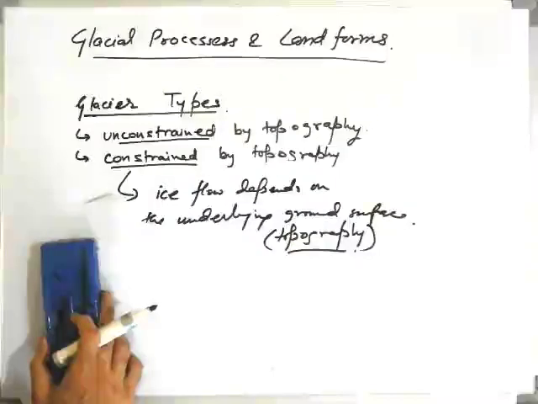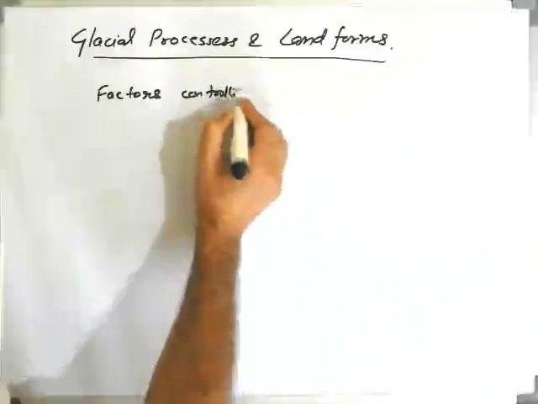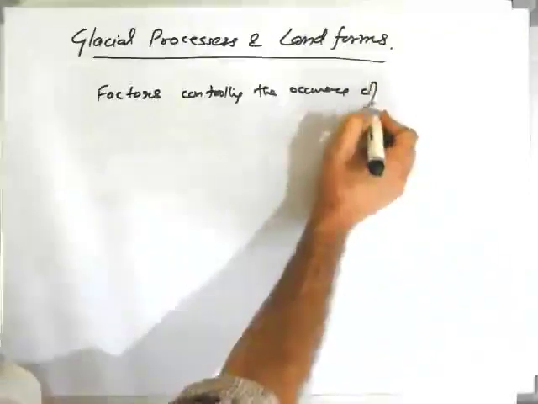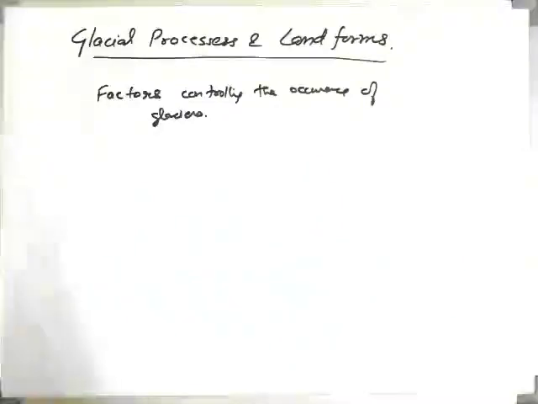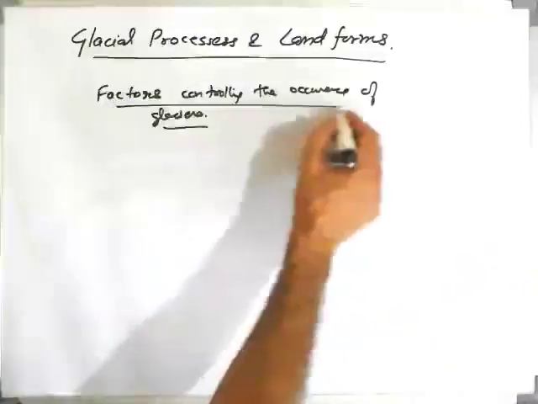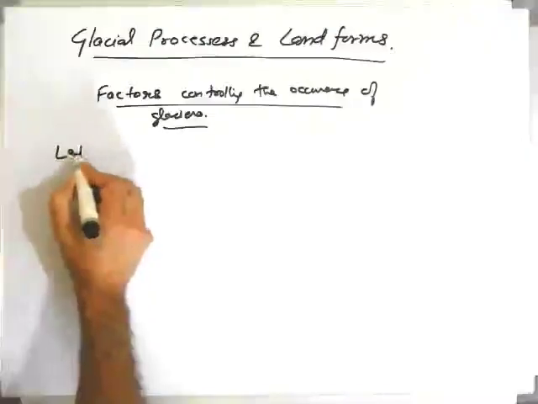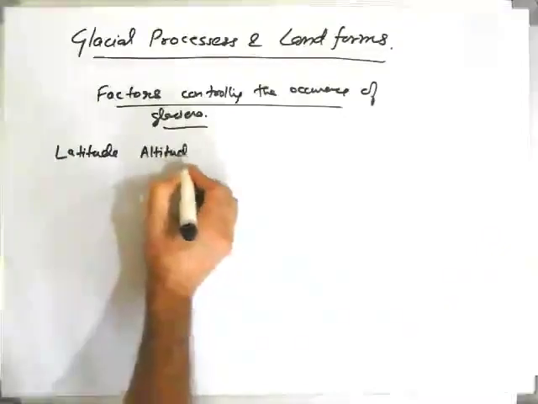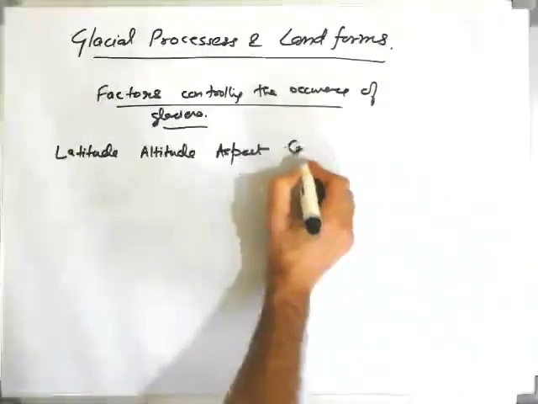Okay, then let us come to the factors controlling the occurrence of glaciers. Now, there are many factors that control the occurrence: latitude, altitude, aspect, continentality.